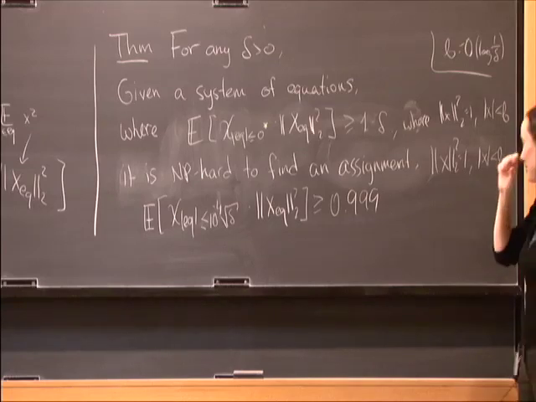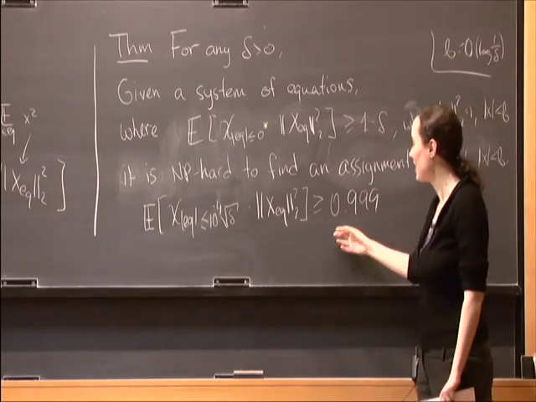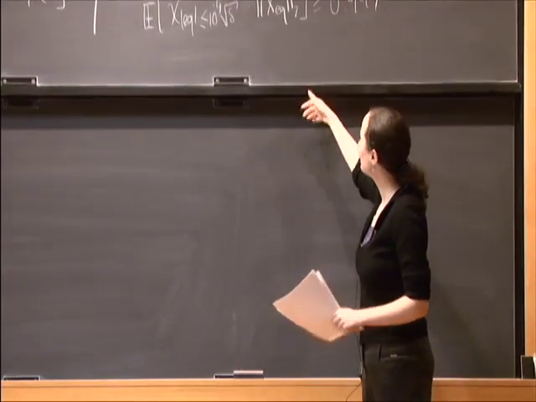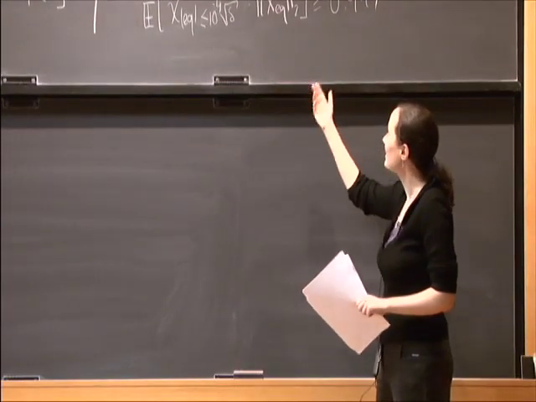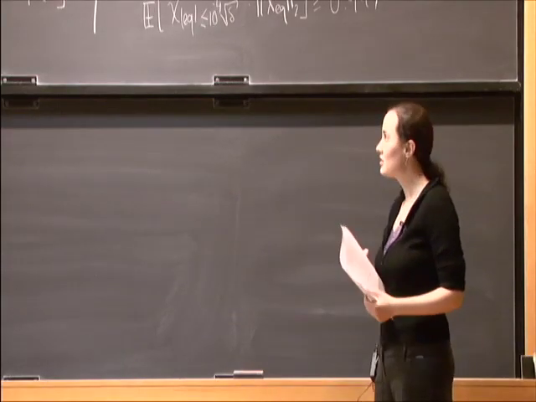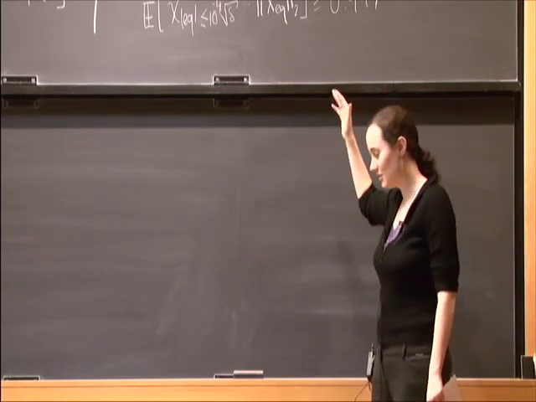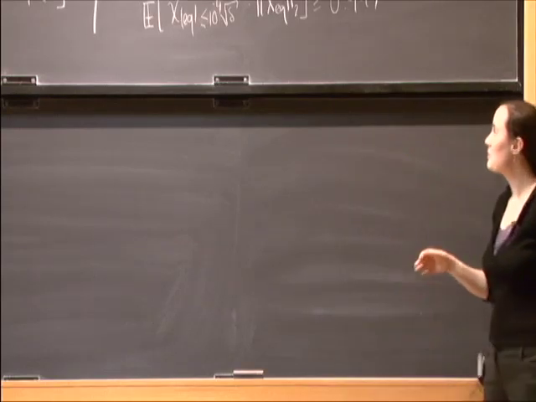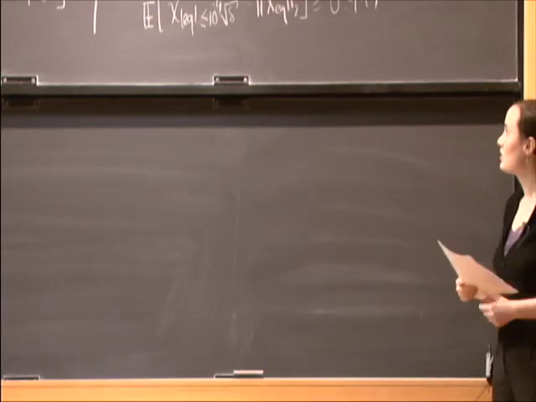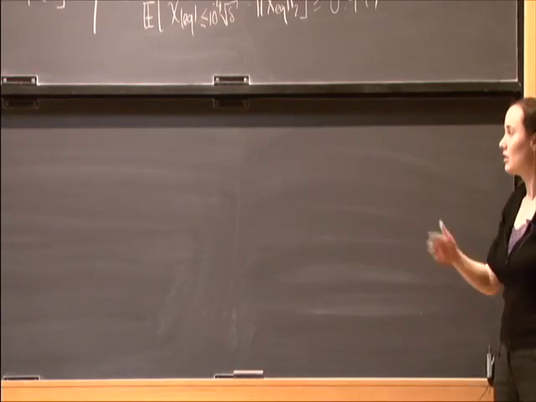So I want to tell you why this result is interesting. The question is, what are those parameters that we see here? Why the square root delta? What I want to say is that this result is tight, and not only is it tight, there is a semi-definite programming-based algorithm that achieves essentially something almost as good as what we show is hard.